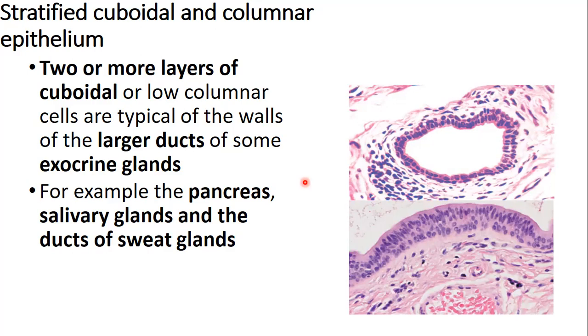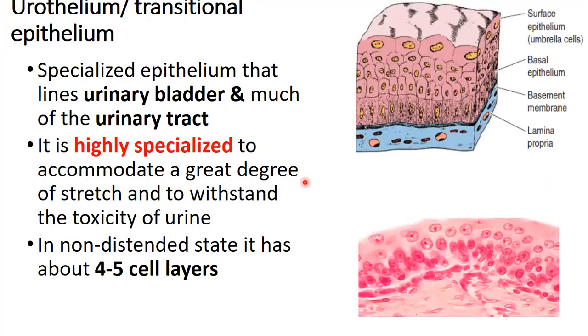There's another special type of stratified epithelial tissue, which we call transitional epithelium. Transitional epithelium is a special type of epithelium whose cells in the superficial layer do not resemble those three types of cells we've mentioned. These cells are not flat cells. These cells are not cuboidal cells. These cells are not columnar cells.